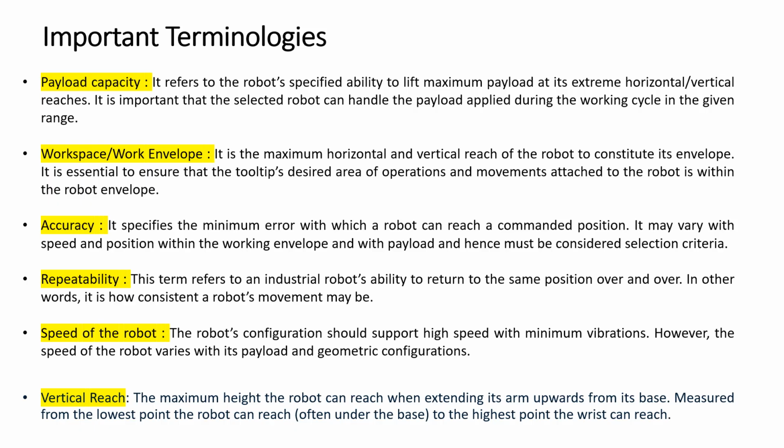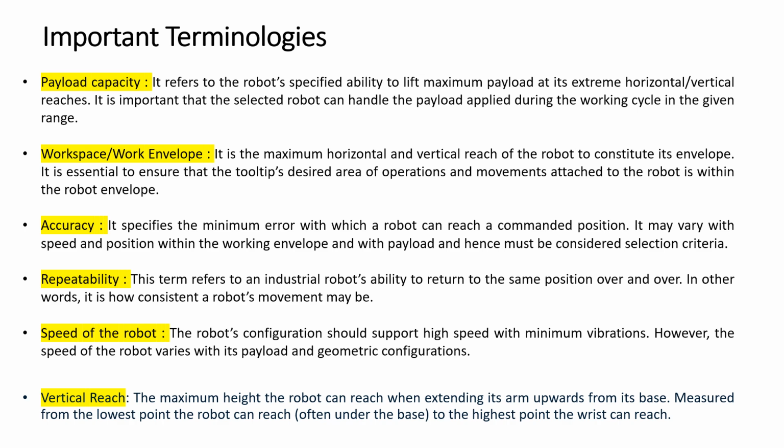Then the repeatability. Now repeatability is a very important term, and you will definitely find this term when you select the robot in the catalog, and it is given in plus minus, let's say 10 micron, 20 micron, 50 micron, depending on which kind of robot you have, what are its drives, whether it has a servo drive or, let's say, stepper drives, because those things define its repeatability.